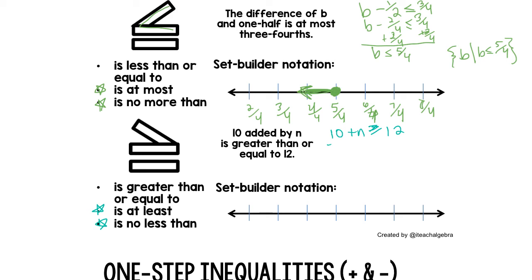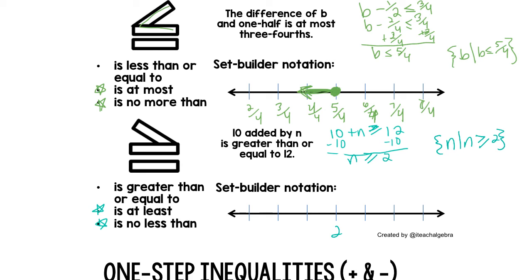So we want to get n alone. We subtract 10 from each side. Okay, n is greater than or equal to 2. Set builder notation: n, given that n is greater than or equal to 2.